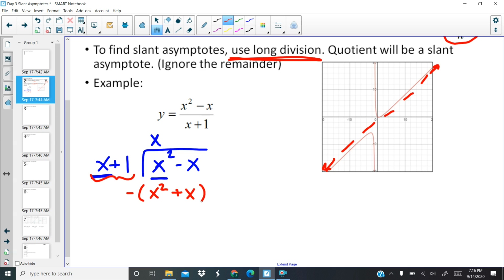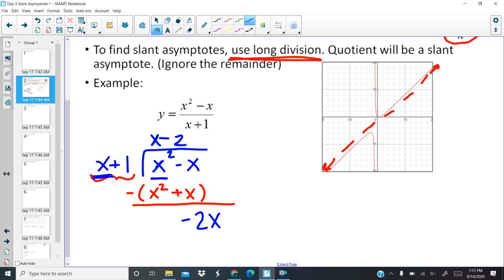So then x squared minus x squared is going to just be 0. That's going to cancel out. And then negative x minus x is going to be negative 2x. And so then you would say, how many times does that x that was back at the beginning go into negative 2x? And that is going to be negative 2 times.